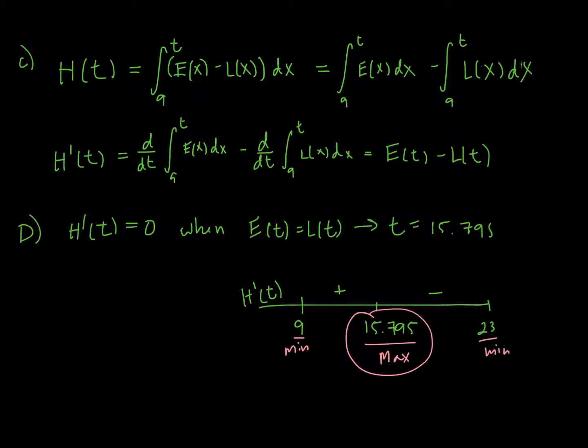Now I want to interpret what h of t means. If you consider my situation here, h of t is the number of people that have entered the park between 9 and t, which is what we found in part A, minus the number of people that have left the park between 9 and whatever t is.